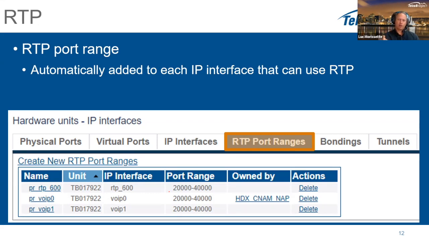So the media gateway controller tells the media gateway, choose one port that you have available, and we will choose one inside this port range. Bonding here is a configuration that is done when you do the virtual port. Here it only shows the configuration. Tunnels is for PPPoE tunnels, which we don't use in this format.